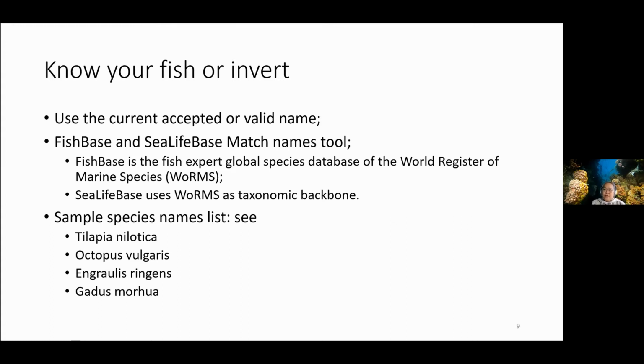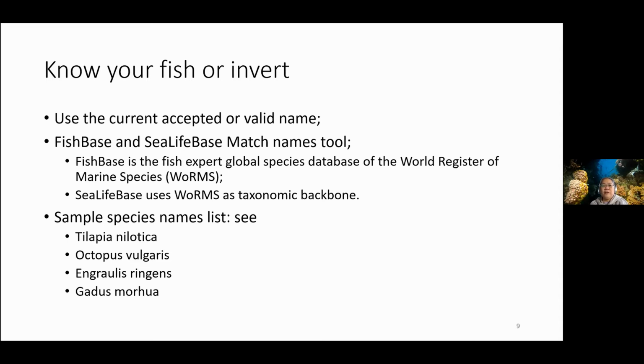Now, what we need to know is how, when of course FishBase and SeaLifeBase are made for getting to know more about a fish for any species. Species is the hook of any information that you have in FishBase and SeaLifeBase. So the smallest unit of taxonomy is the species. When we are saying know your fish or your invertebrate, the first thing is that there are lots of synonyms.